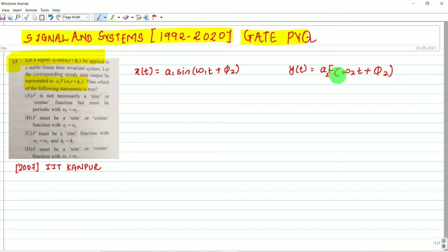This is the output we have obtained. Let me draw. This is our LTI system. We provide x(t) to the LTI system and we obtain y(t). This is our y(t), and this is the x(t) we have applied to the LTI system.